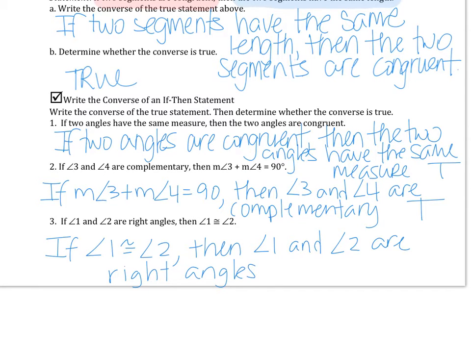In this third one, I can have two angles congruent. They could measure 30 degrees, so they don't have to be right angles. So this would be a false statement.